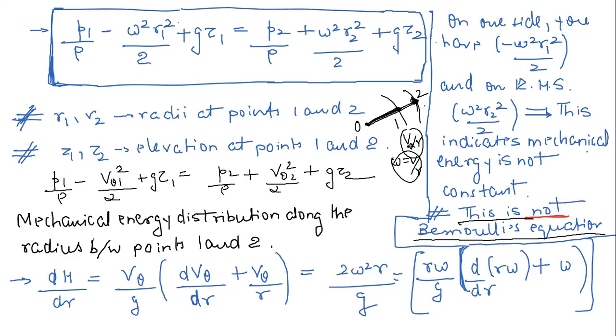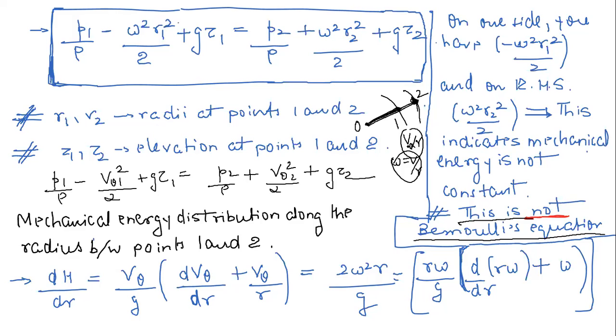Now, can you imagine this? Let's say you take water in a glass at your home, and sometimes you shake that glass. If you observe, the water layer on the outside rotates with a high angular velocity. This is actually applicable in practical situations as well.